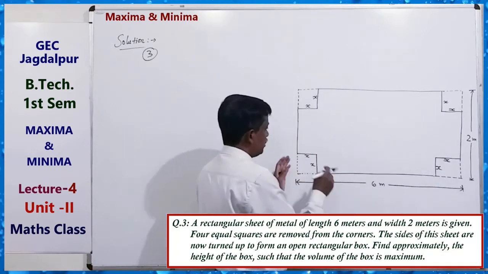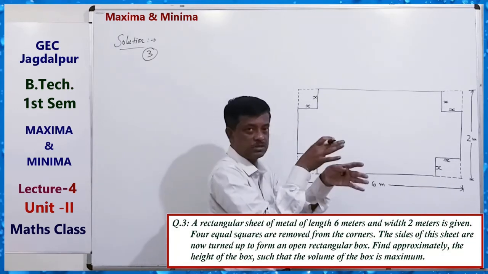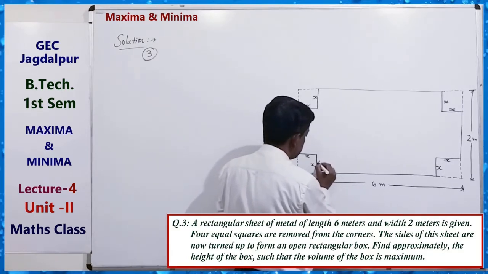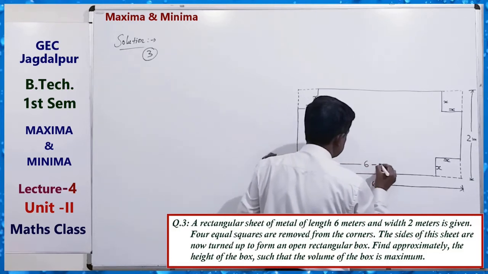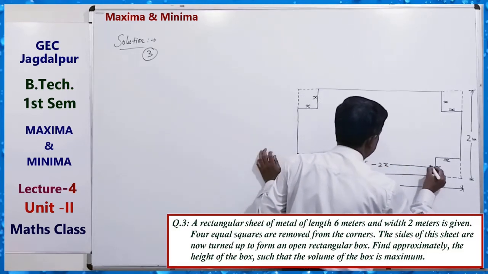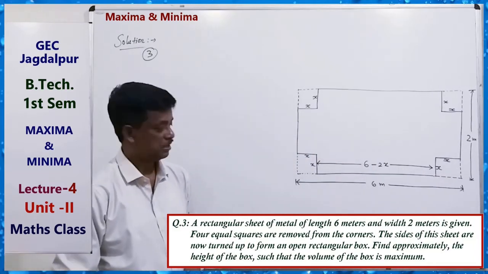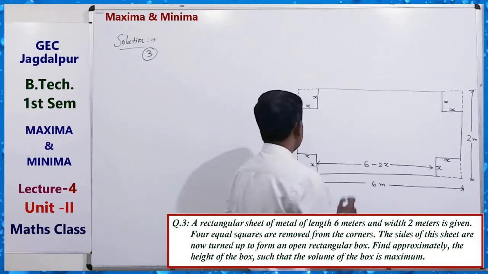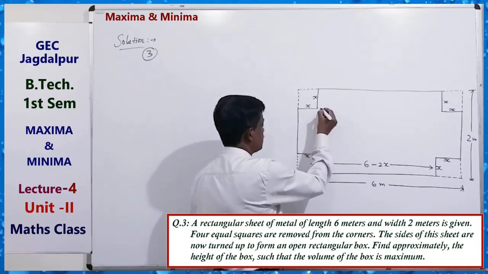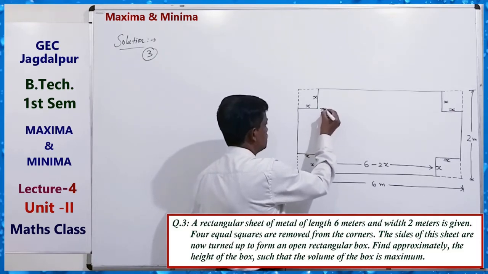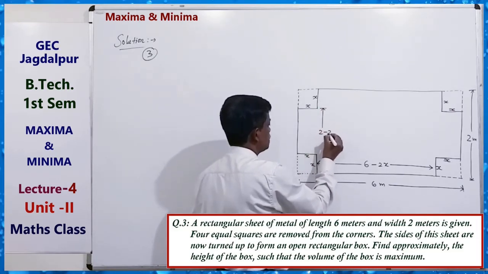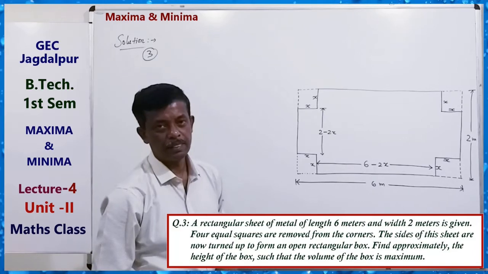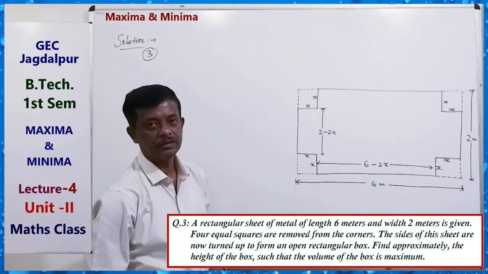Now when we fold it up for making the box, the length of the box will be what? From here, 6 minus 2x. 6 minus 2x, because from here this is x, this is x, 2x subtracted from 6.